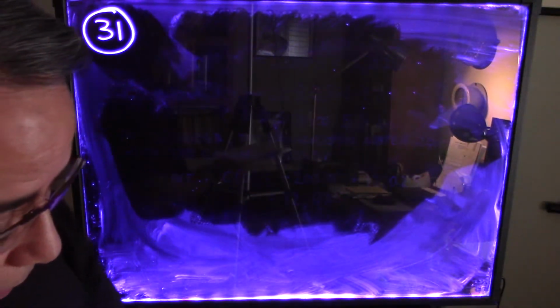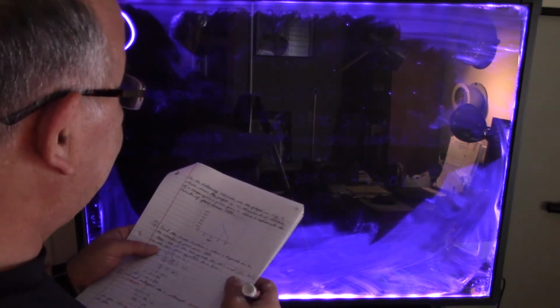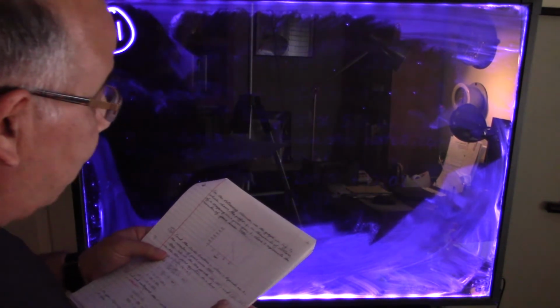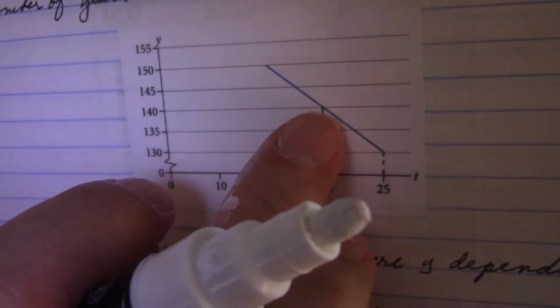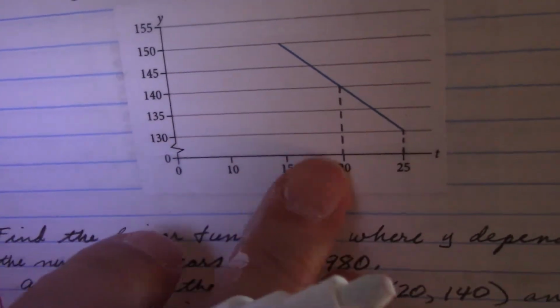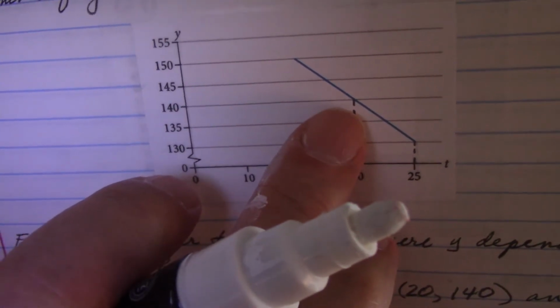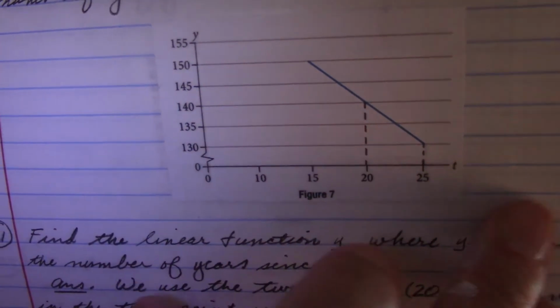Okay, 31. Find the linear function y, where y depends on t, the number of years since 1980. Here's how we do it. We have 2 points that we can see from the graph, and you can see where I've pointed these out. That's where t equals 20, y is 140, and where t is 25, y is 130.